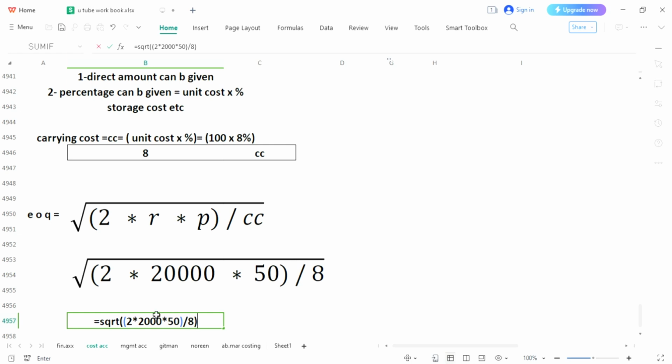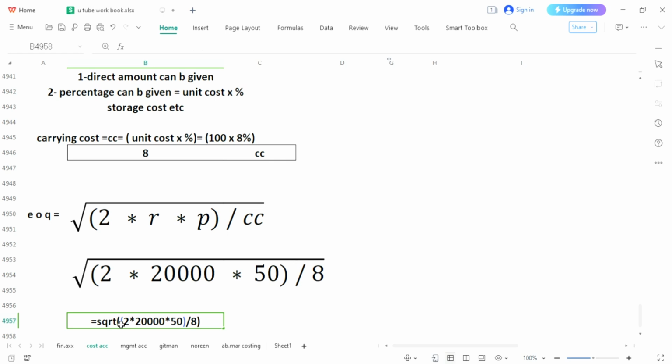So please do understand, 2 multiplied by 20,000 multiplied by 50 and divided by 8. Same I have done, and for the final answer we are taking the square root. So in this way we have got the final answer.